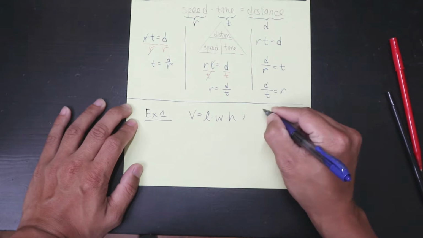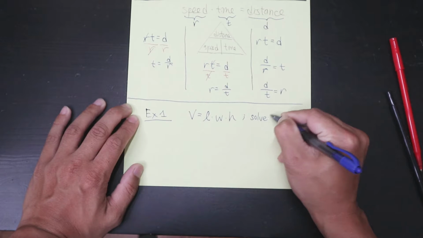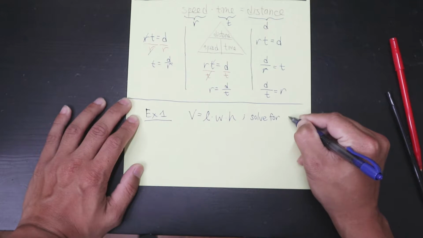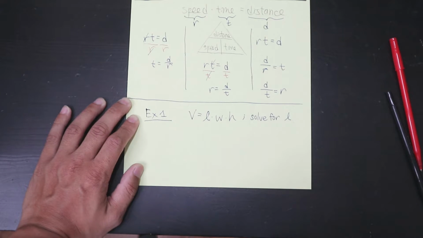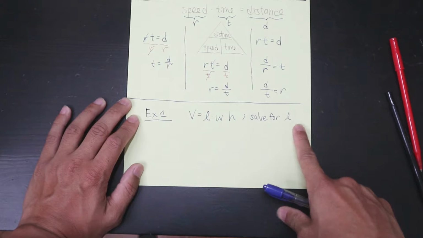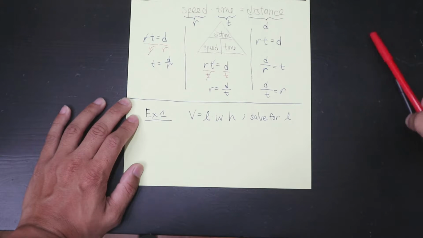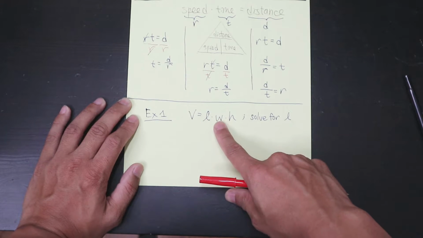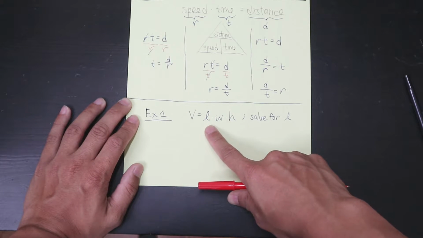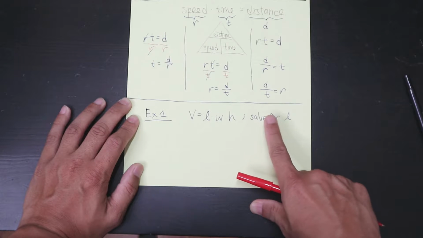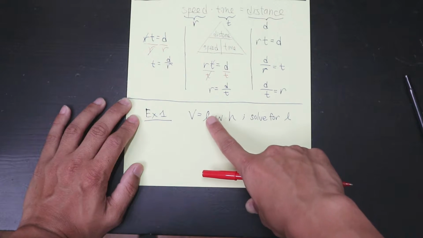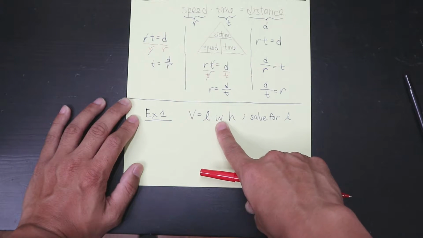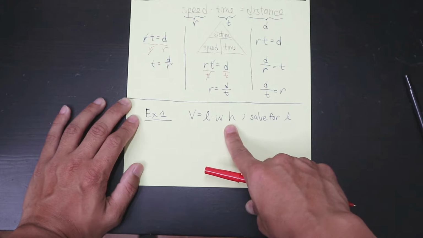If I were to ask you to solve this formula for L, what you do is take a look at V equals L times W times H, and your goal is to isolate the L. Solve for L means you don't want the W next to it, and you don't want the H next to the L.